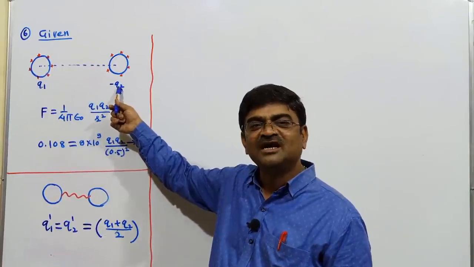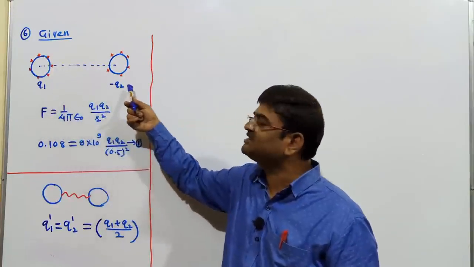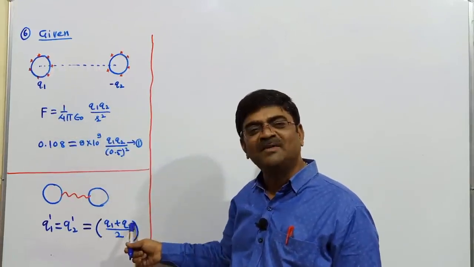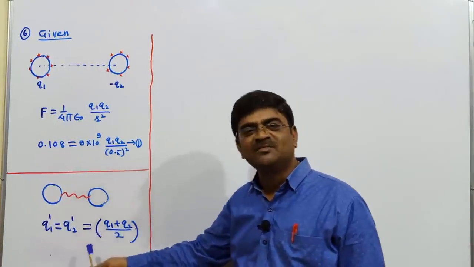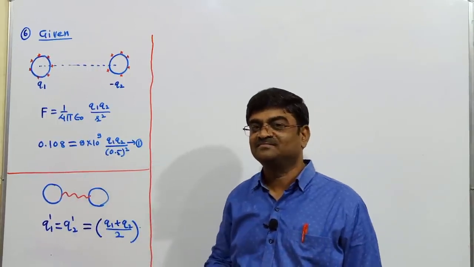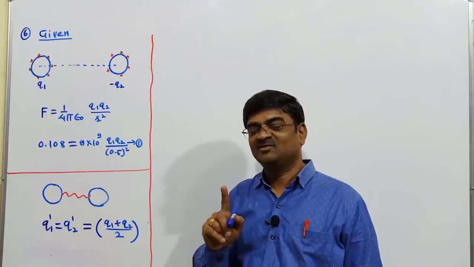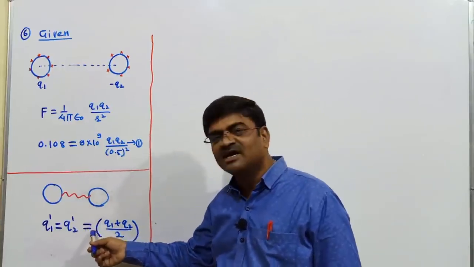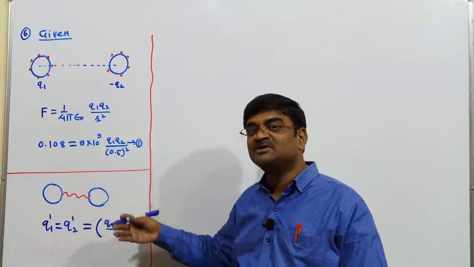What is the net charge? Plus 20 minus 8, plus 12. So Q1 plus Q2 is plus 12 by 2. Q1 dash will have 6 coulomb, Q2 dash will have 6 coulomb. Notice that. For identical conductors, you are getting Q1 dash and Q2 dash not only as like charges but of the same magnitude also.